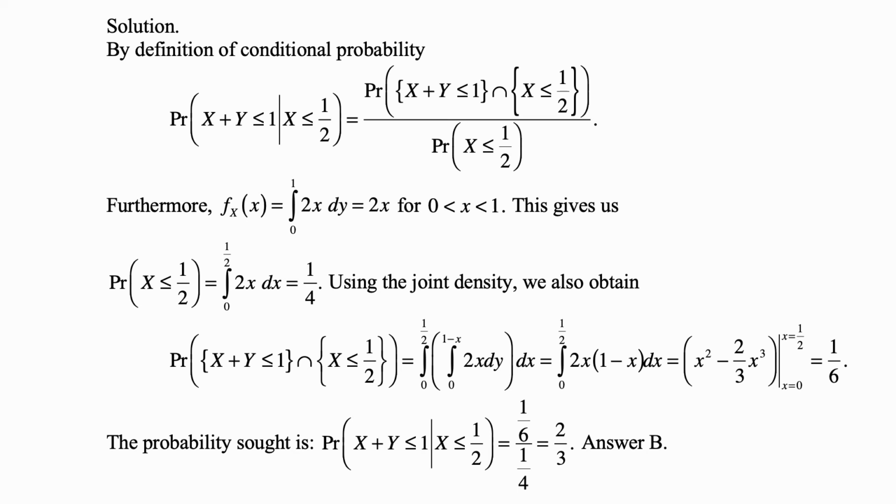So what we have is 1/4 minus 2/3 times 1/8. Which is how much? 2 and 8, they cancel out, so it really becomes 1/4 minus 1/12. And 1/4 is 3/12. So 3/12 minus 1/12, that's 2/12, and 2/12 is 1/6.